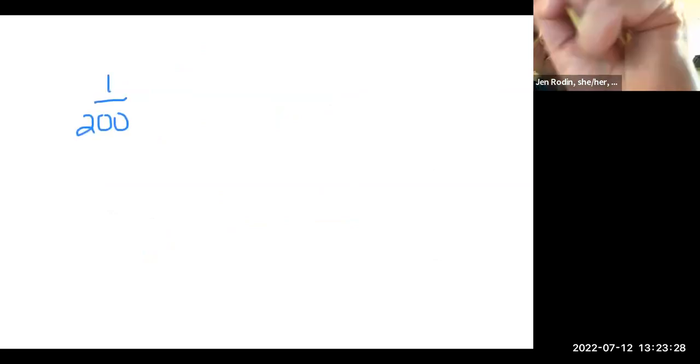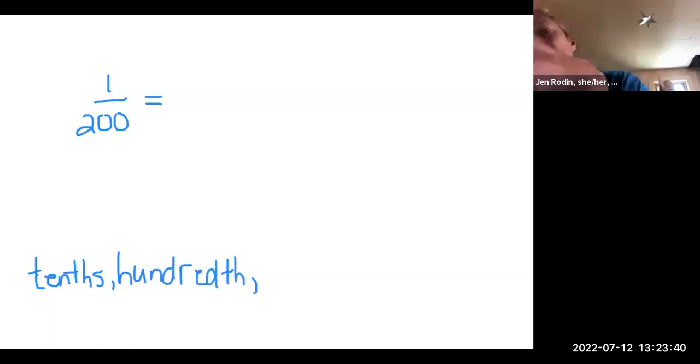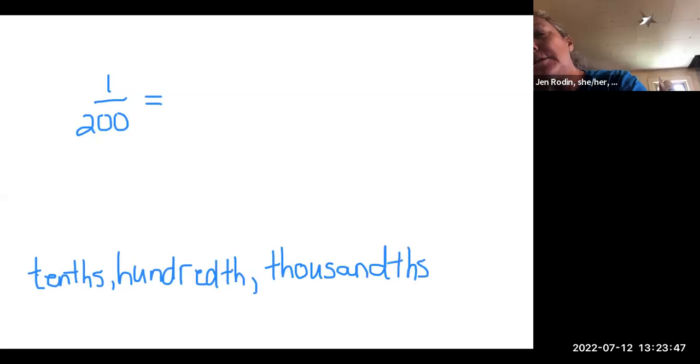But let's say if we had to do this by hand, my decimals are tenths, hundredths. 200 is already bigger than 100, so I would go to the thousandths place, just so you'd see the idea.